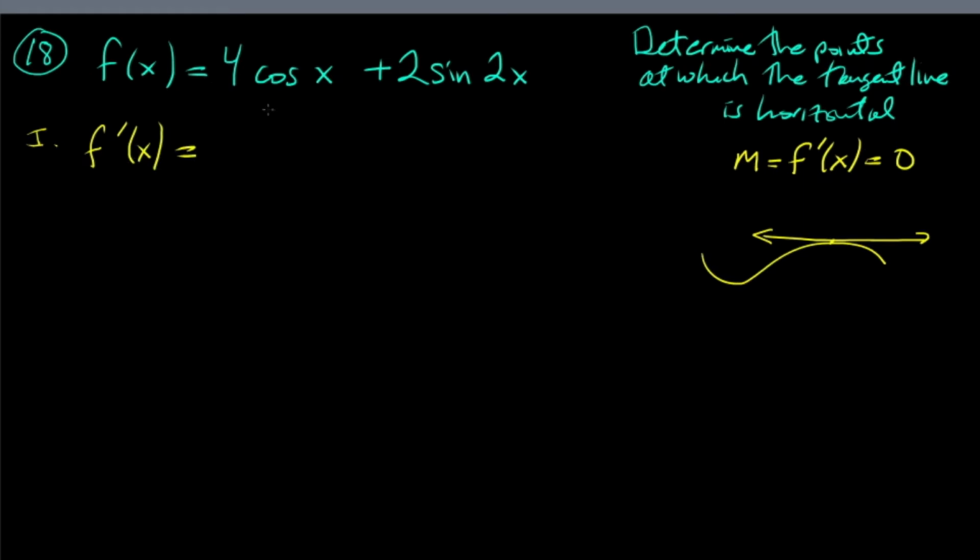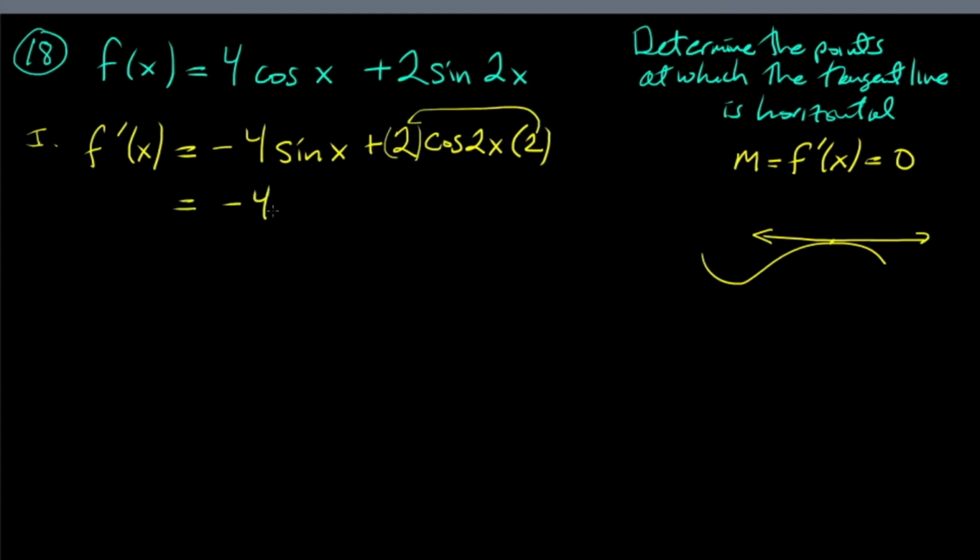And in this form, the derivative of 4 cosine x is negative 4 sine x. And then the derivative of 2 sine 2x, so there's a chain rule here. So 2, and then the derivative of sine is cosine, so cosine of 2x. And then the derivative of 2x is 2, and this 2 times this 2 is 4.